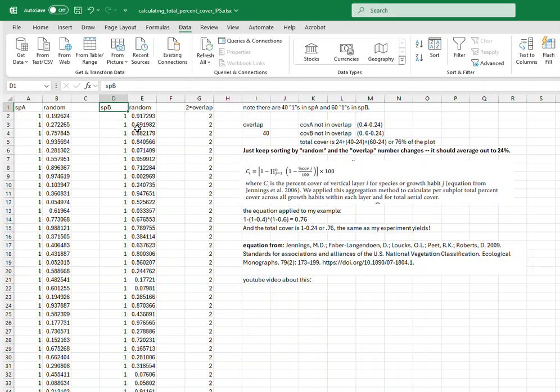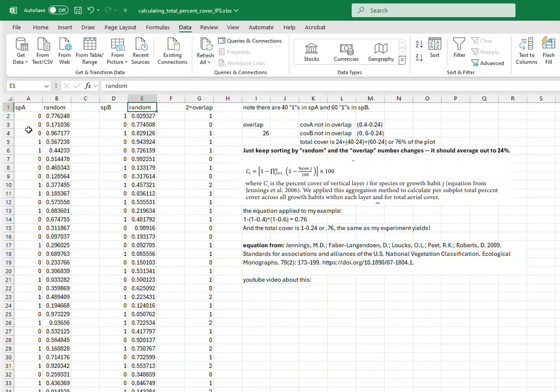And we do an experiment where we say, all right, let's randomly sort. This is just the initial setup, but let's create a little scenario where we sort species A, and then we sort species B, such that the zeros and ones get all mixed up. In other words, they're randomly distributed.